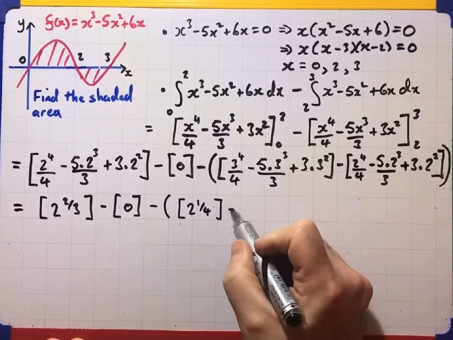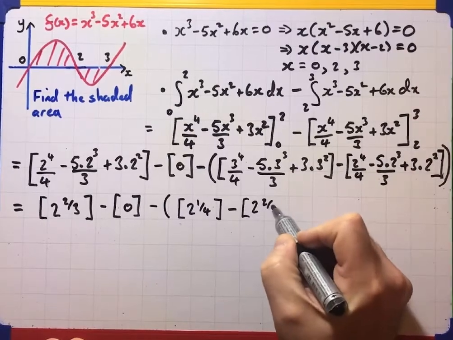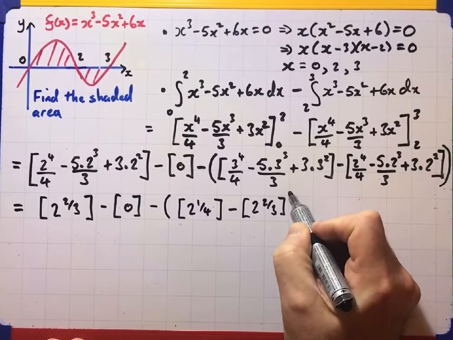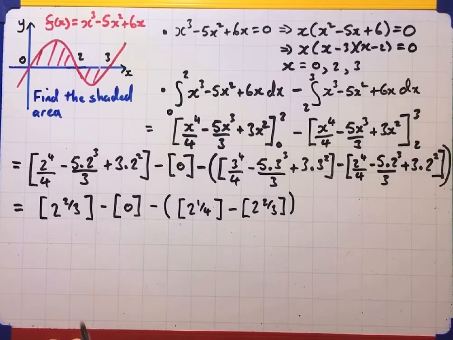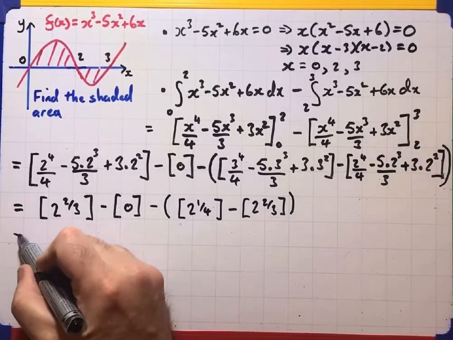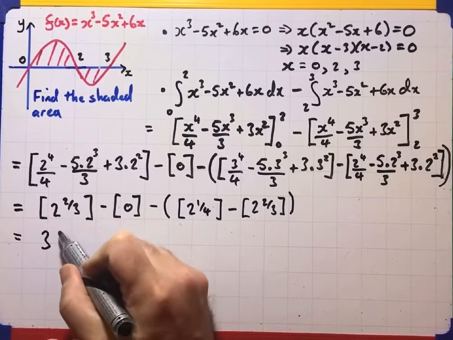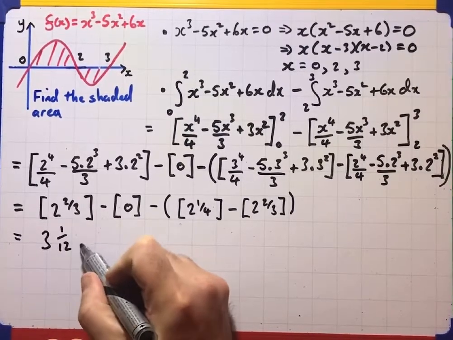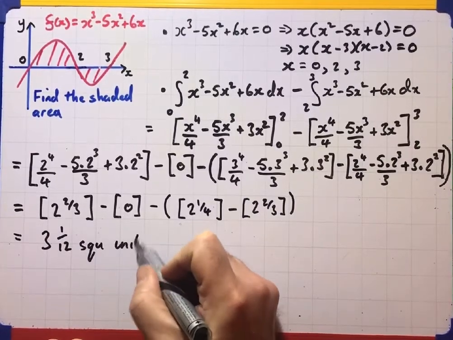And of course, this one's still 2 2/3. It's the same as that one. Okay, again, used my calculator to work it out, and it gave me 3 1/12 square units.